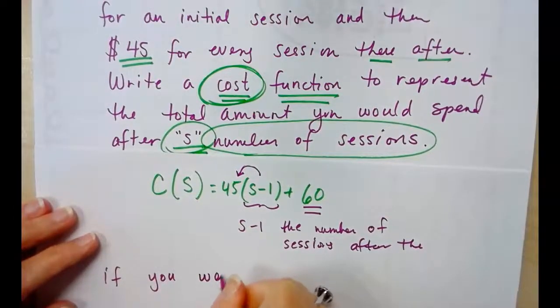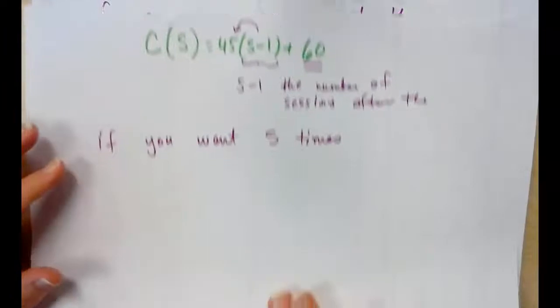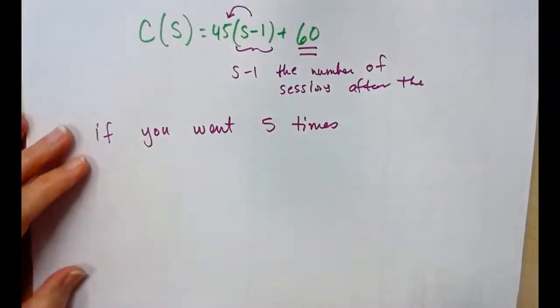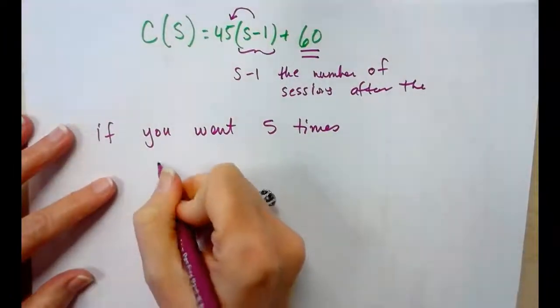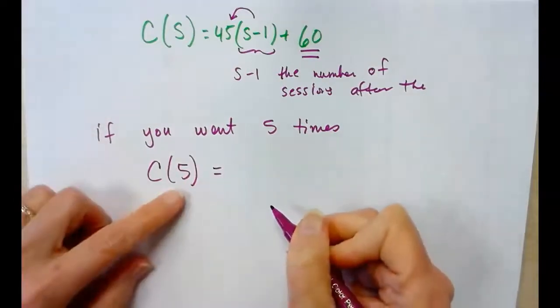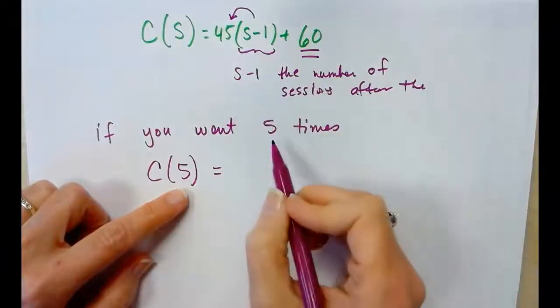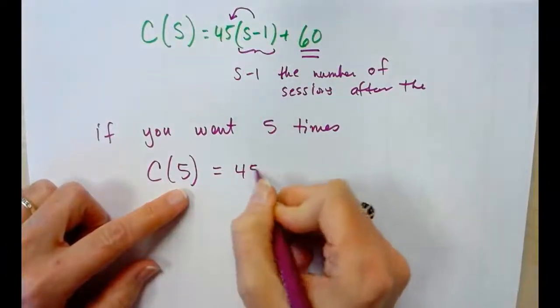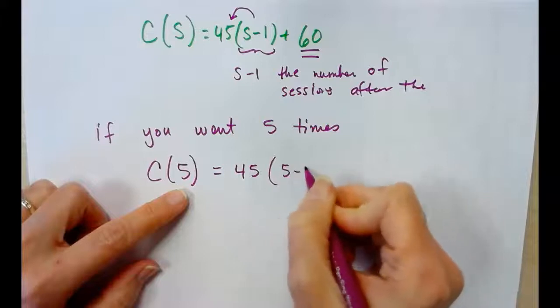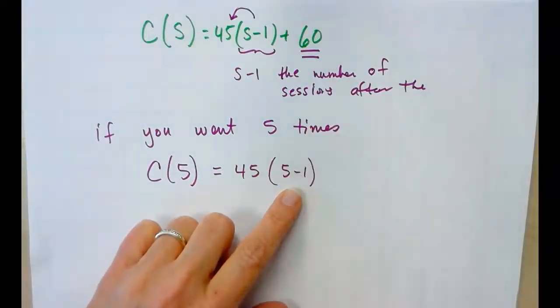So if you went to the trainer 5 times, if you had 5 sessions, what would the cost be? Well, let's evaluate the function and find out. C of 5. C of 5 means go to the cost function and everywhere you see S, plug in 5. 45 times 5 minus 1, because remember, the first session was 60 and every session thereafter is only 45.